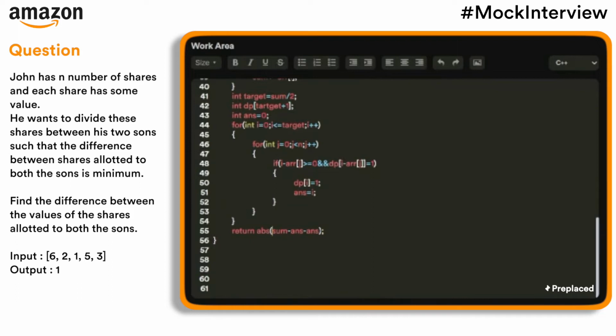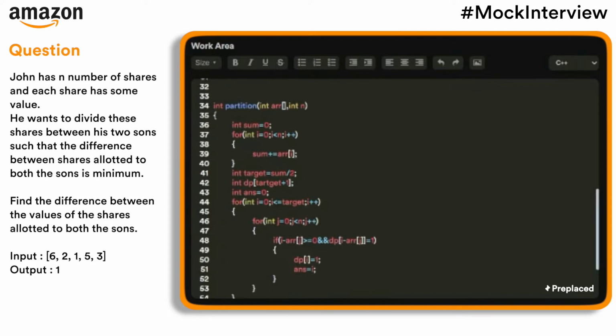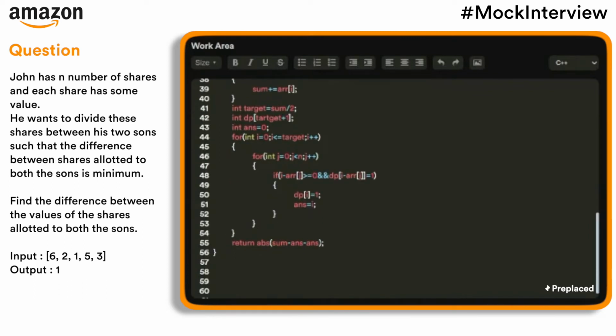Okay. So I think a one-dimensional array should work in this case because we don't need the value count. We just need to check the difference, and for that we only need to see what maximum sum can be made.